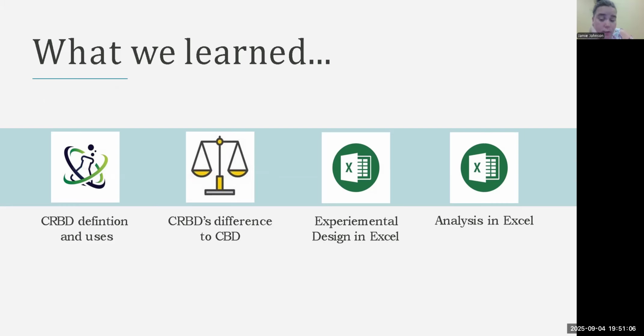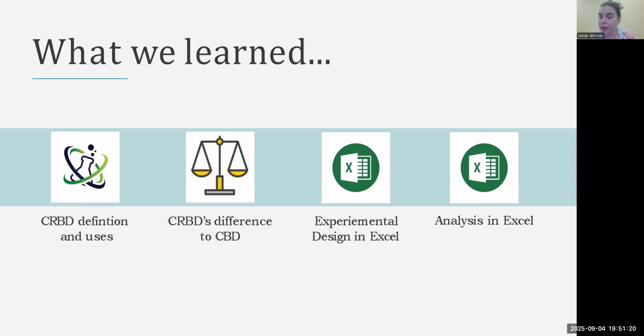And we talked a little bit about experimental design in Excel and what that looks like. We did not do any analysis in Excel. Look at me not updating any of my slides. But, oh, that's my last slide. We did learn some things. That might be a little too advanced for this channel currently, but we're going to leave it up, and the worst we can do is remake this video later.